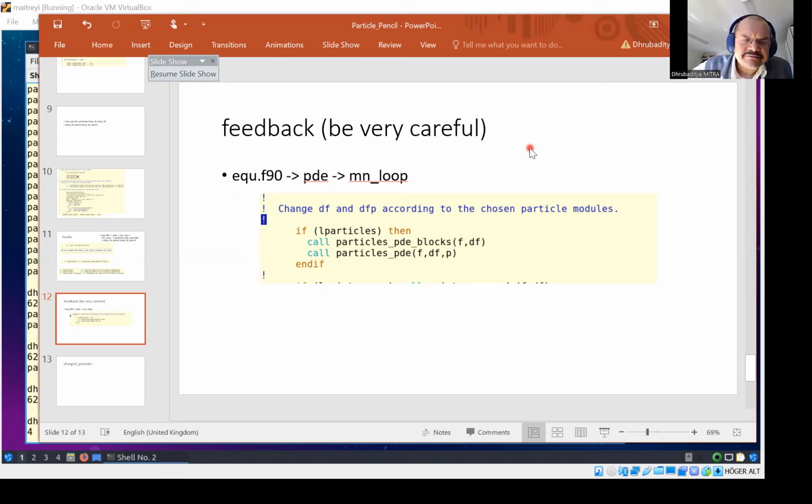Because the thing that you are giving back to the flow is a force which is concentrated at one point, right? Your particles are mostly point particles. So the force that is coming back to your grid is extremely singular.